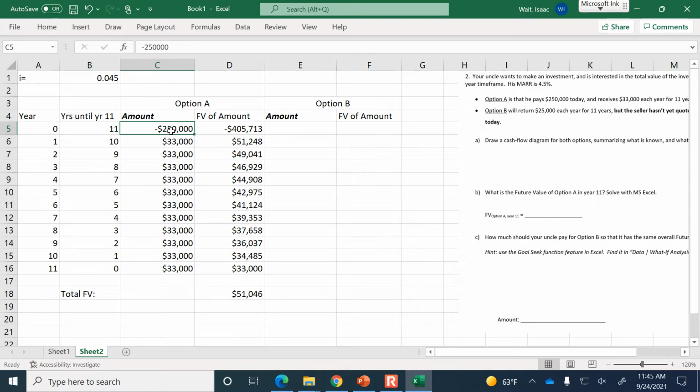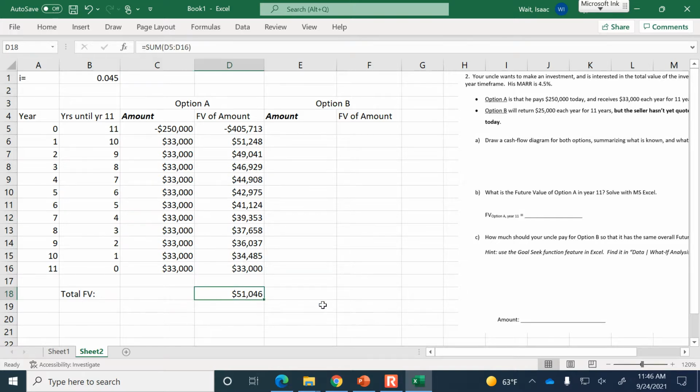Like he was going to a bank to get the $250,000 to buy the investment option. If he had to pay the bank 4.5%, then a lot of this $33,000 he's getting each year is going to repay the loan to the bank, both the principal and the interest.